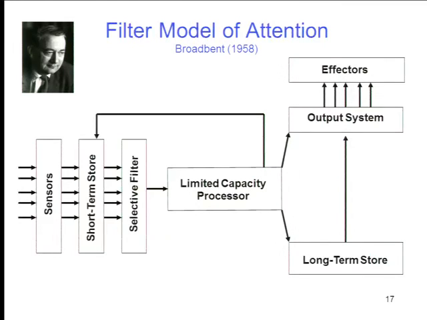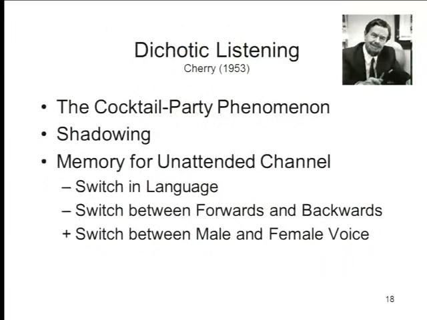And Broadbent based the theory not just on the first facts that I talked about before, but on a series of experiments done by one of his colleagues named Cherry on what's known as dichotic listening. Dichotic listening is a laboratory model of something that everybody has experienced. It's called the cocktail party phenomenon.